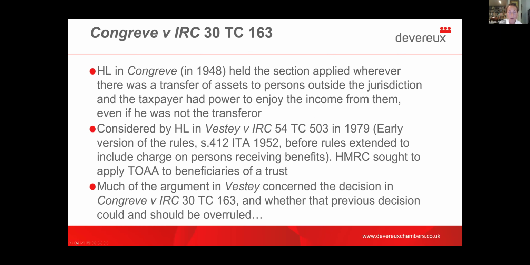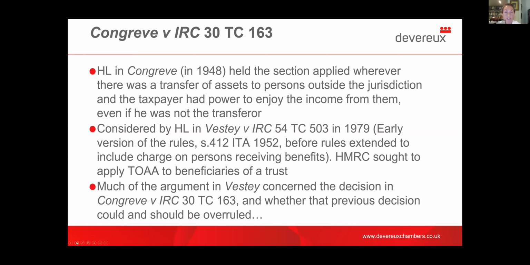So early on in the case of Congreve, which again considered Section 18 of the Finance Act 1936, that case involved a series of transactions which were highly complex and artificial, and Mrs. Congreve did not make a transfer. But at this time, there was no third head of charge for beneficiaries who were not transferors.